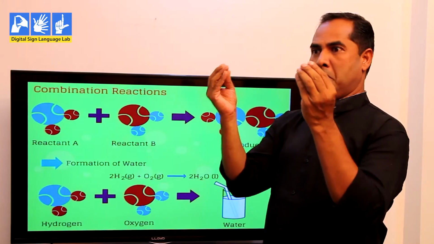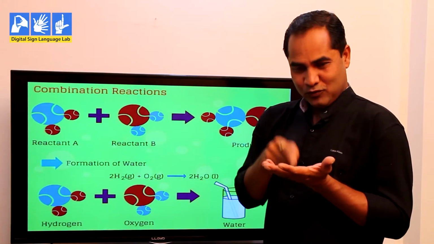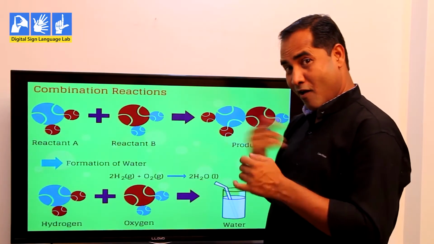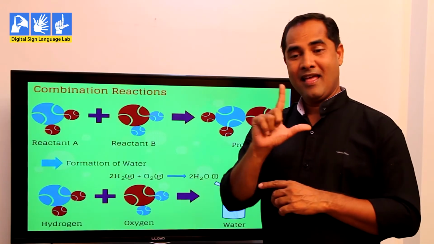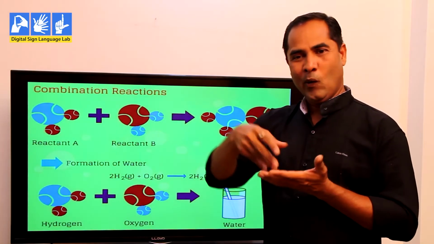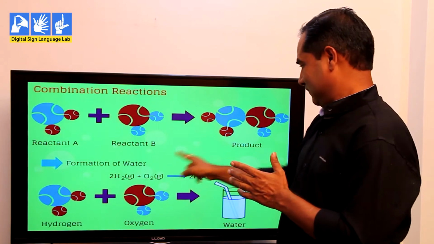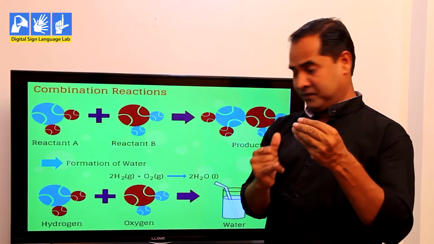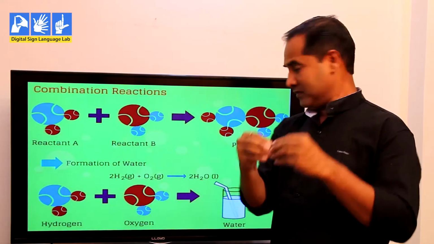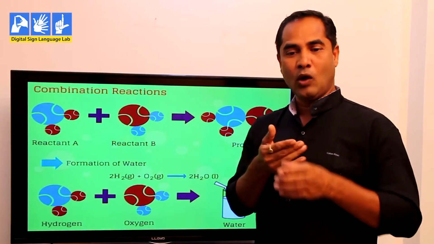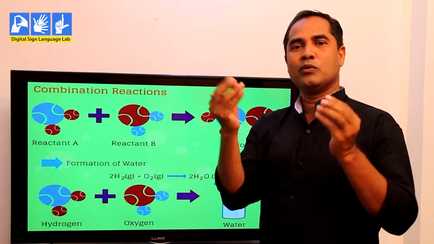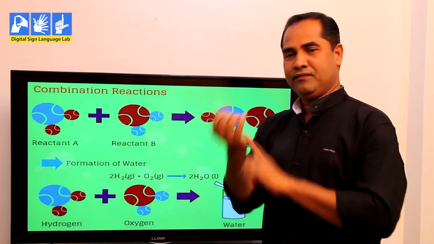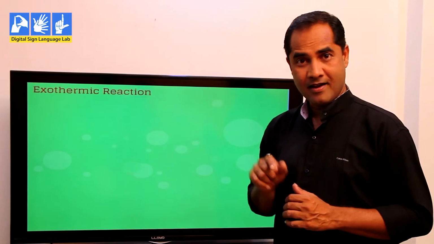So the water that you drink actually comes from hydrogen and oxygen. So two gases combine to form the liquid, which is water. Again, you can see in the picture, hydrogen and oxygen combine to make water. Two gases combine to form water. That's the combination reaction.